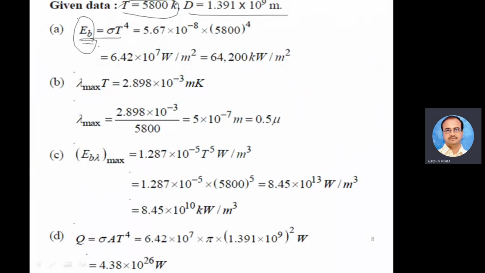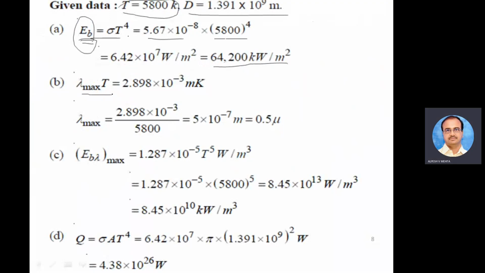When we assume it is a black body, we get the equation sigma into T power 4, according to the Stefan-Boltzmann law. This is the Stefan-Boltzmann constant and this is the temperature value. So we'll get the answer, that is 64,200 kilowatt per meter square.